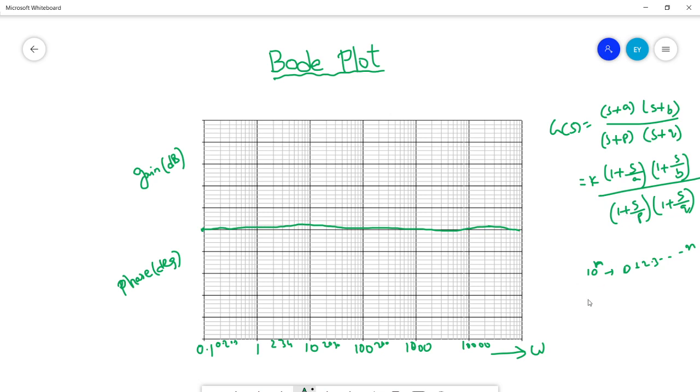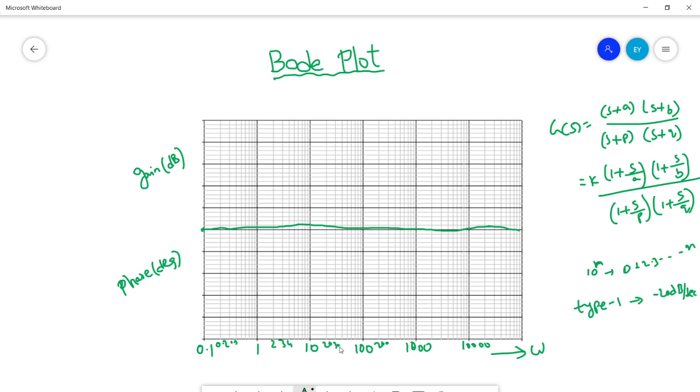If you have one pole, that is a type 1 system, then the slope will be minus 20 dB per decade. What is a decade? 1 to 10 can be considered as a decade. 2 to 20 is 1 decade, 3 to 30 is 1 decade, like that.